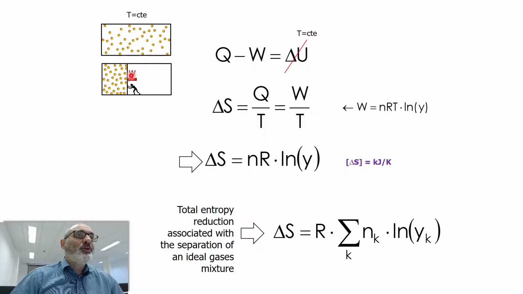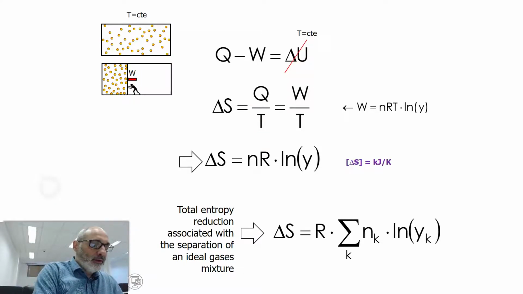When I compress this gas, its temperature wants to increase. So in order to remain constant, it has to reject heat. I'm only talking about internal heat exchange; there's no external heat exchange. And we know the definition of entropy variation, delta S equals Q over T, T constant.